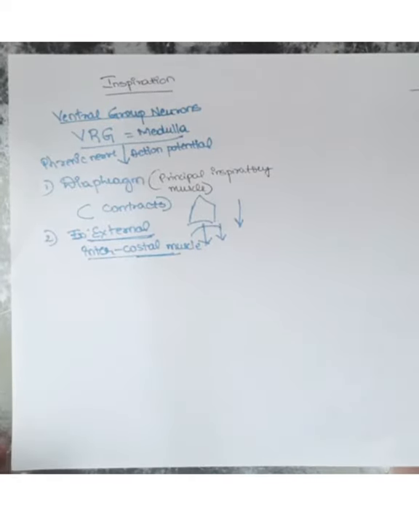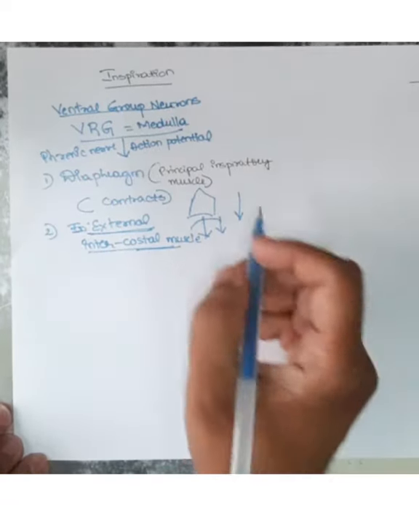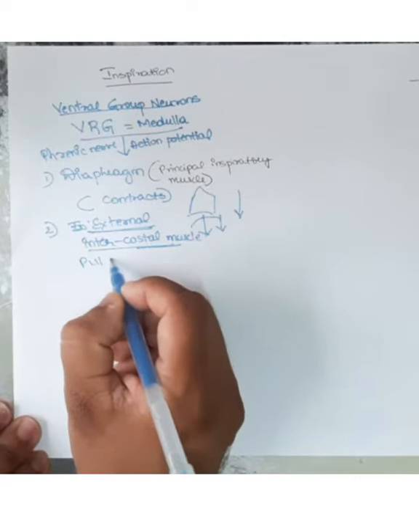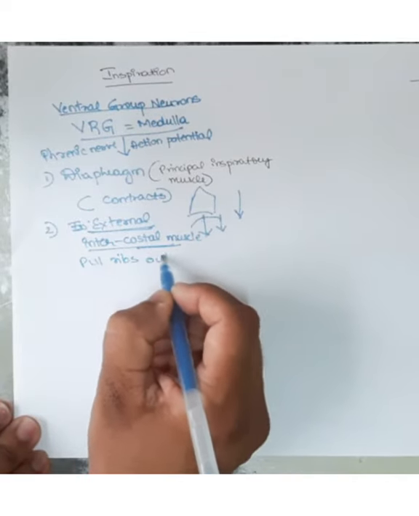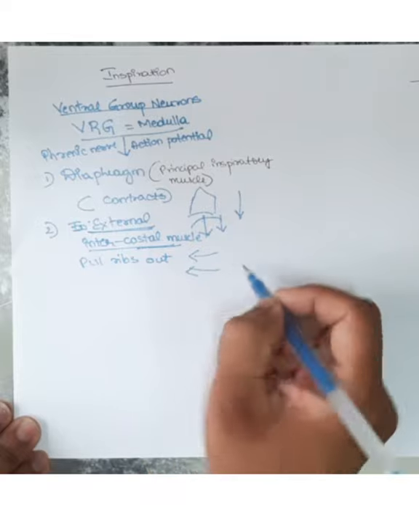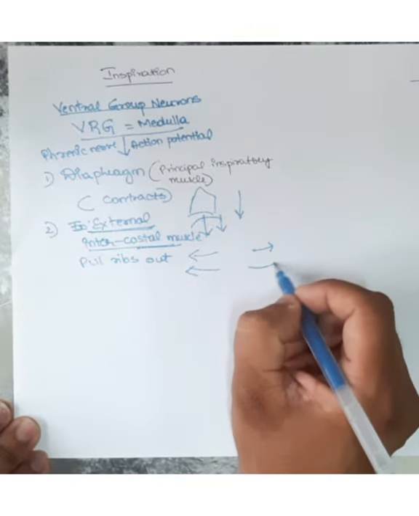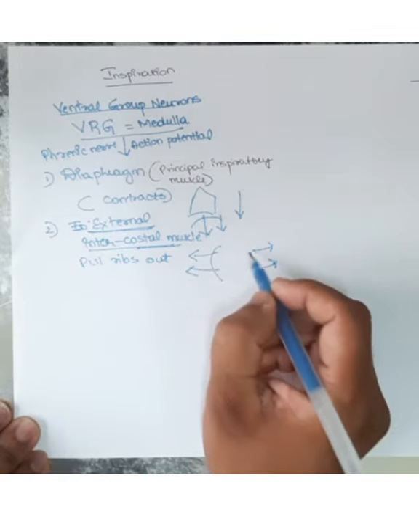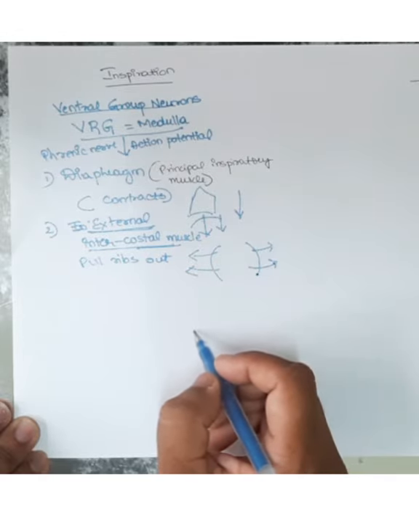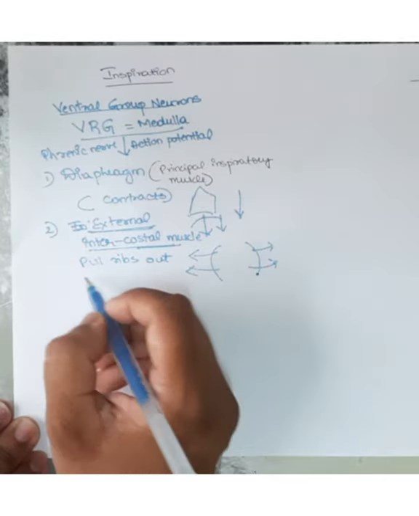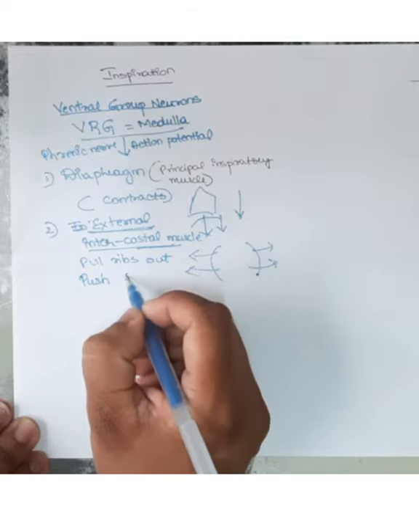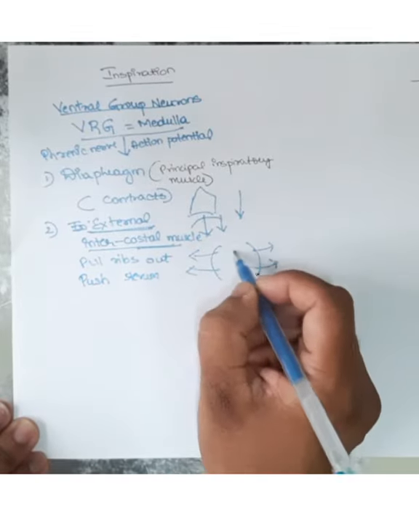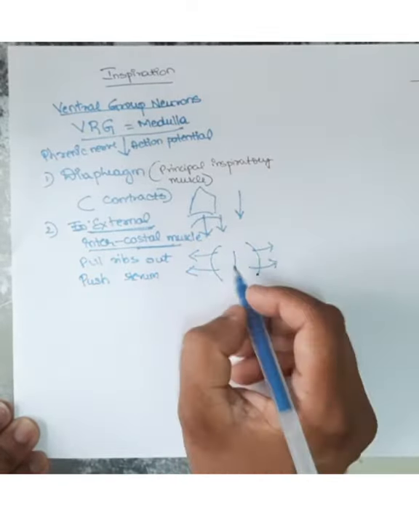Whenever the external intercostals contract, they pull the ribs out. So what happens when they pull the ribs out? Again the volume inside increases. And they also push the sternum cranially. So the sternum that is present here is pushed upwards.